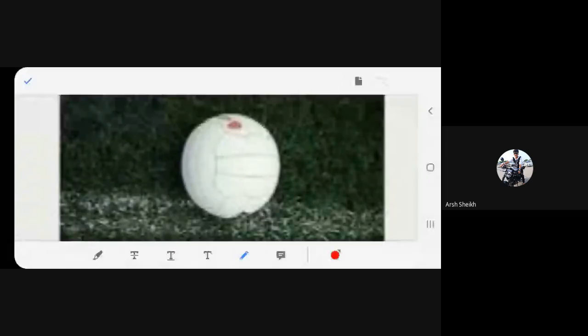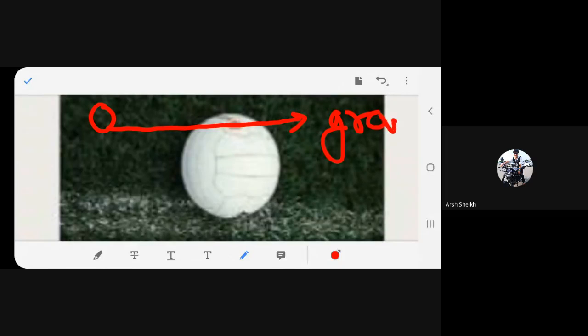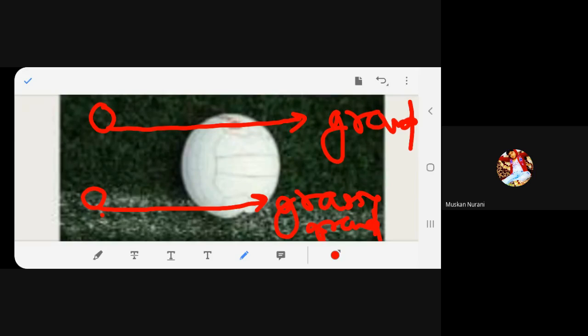If this is the ball and this is the ground. This is the ball. This is the grassy ground. Can you see the difference? What happens on the smooth ground?